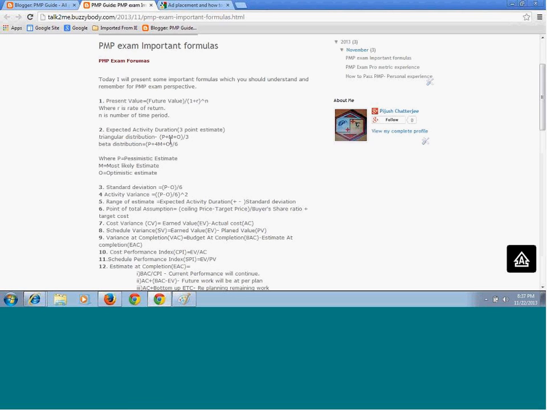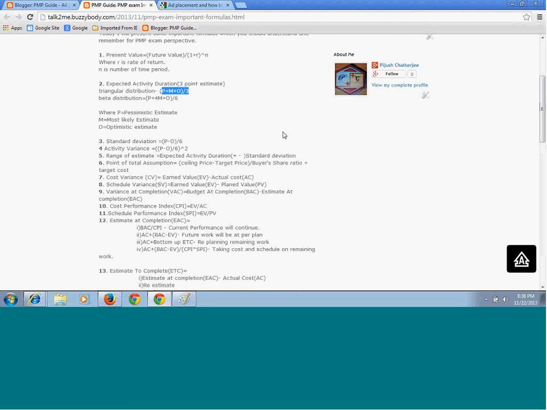In triangular, you take the pessimistic estimate, the most likely estimate, and the optimistic estimate, add them, and divide by 3. For beta distribution, you multiply the most likely estimate by 4 and divide by 6. Here P stands for pessimistic estimate, M stands for most likely estimate, and O is the optimistic estimate.